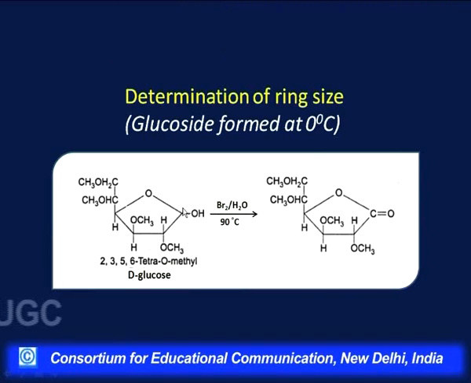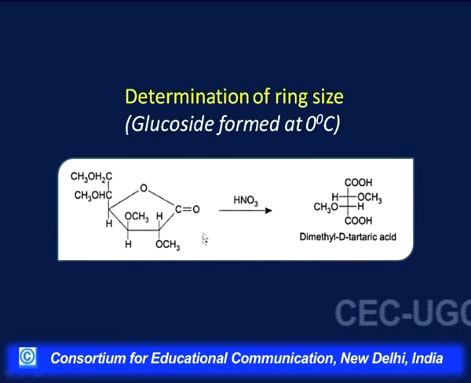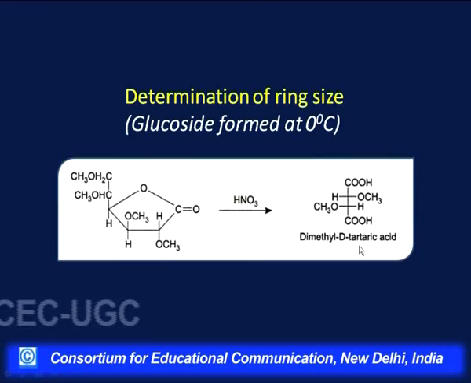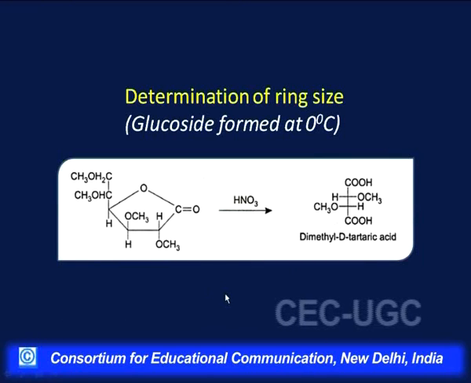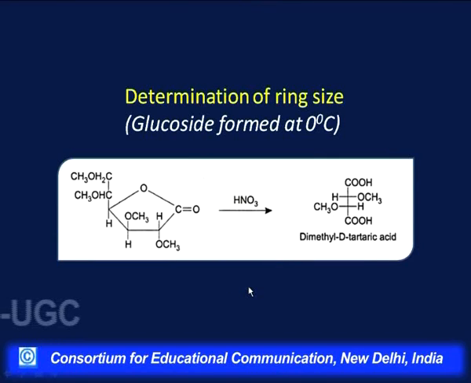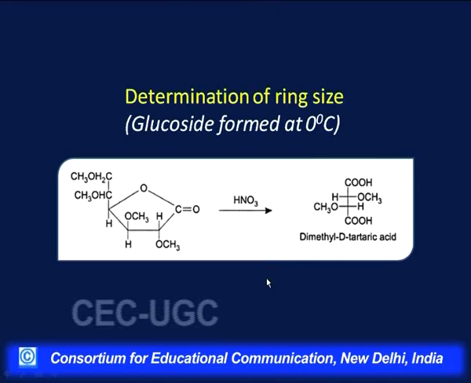This is oxidized into a carboxyl group and then forms a lactone here. We get a 5-membered ester which on oxidation with nitric acid gives us this dimethyl tartaric acid or dimethoxysuccinic acid. So, based on this reaction sequence, the ring size was established in the glucosides.